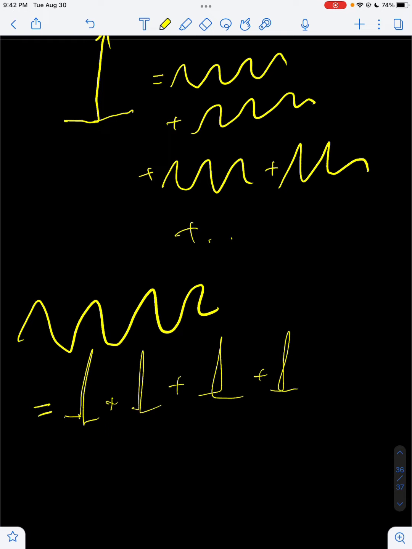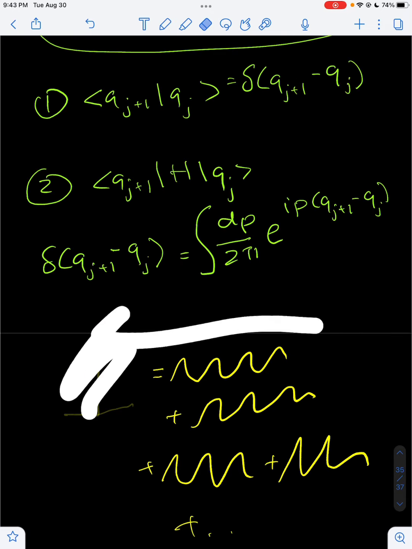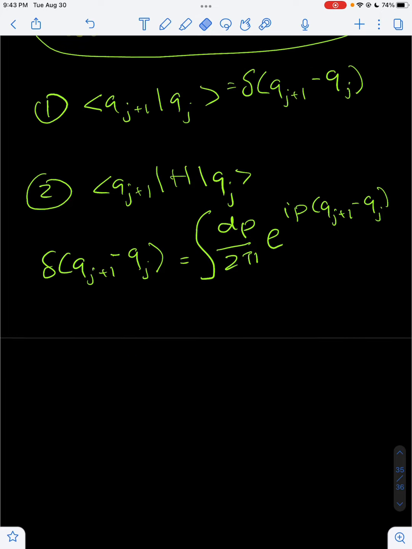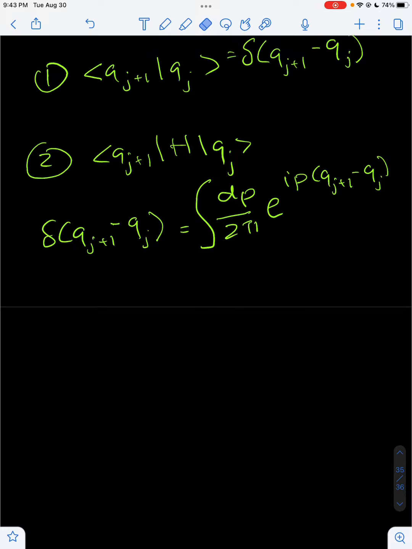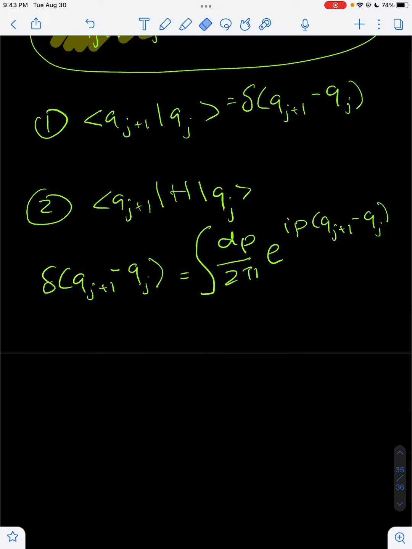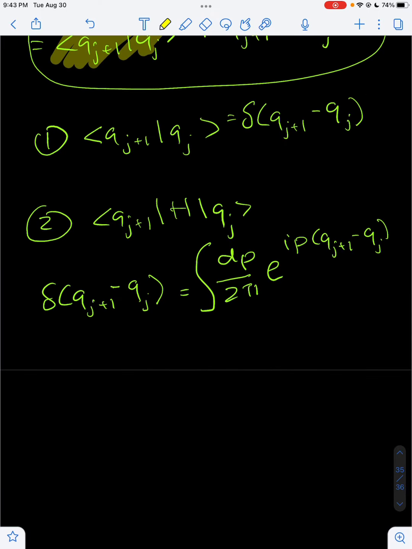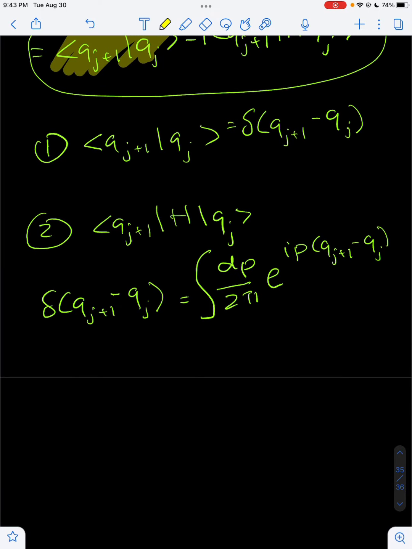That is what we are doing here. So we're writing this in terms of plane waves. Okay, so that part is usually what kind of throws people off, but all we're saying is that the delta function is just the sum of plane waves.